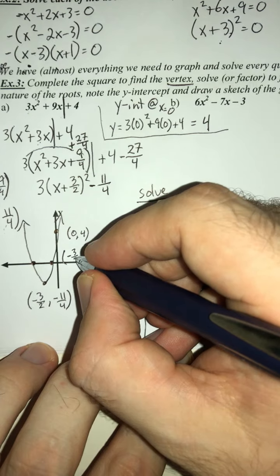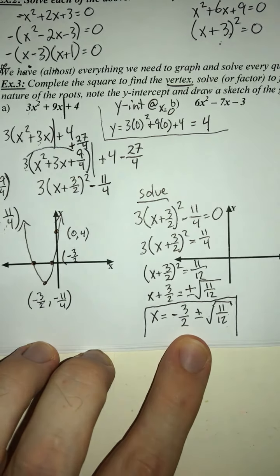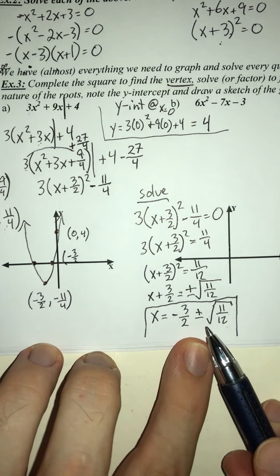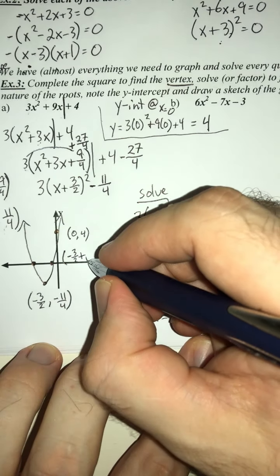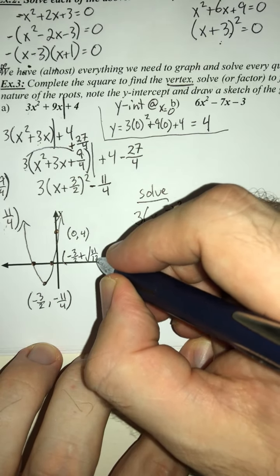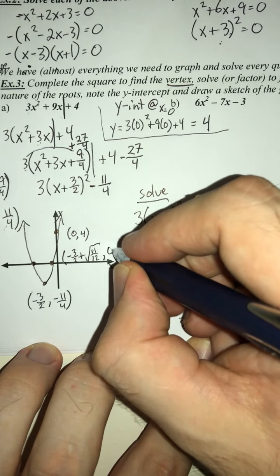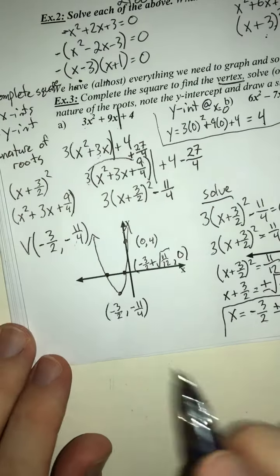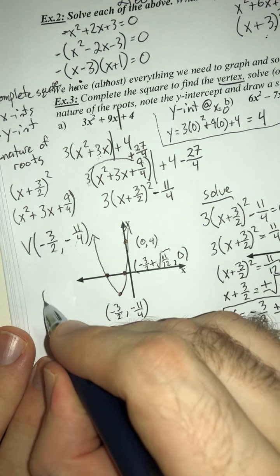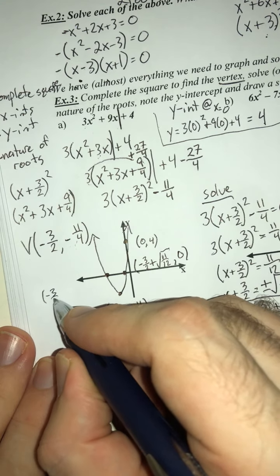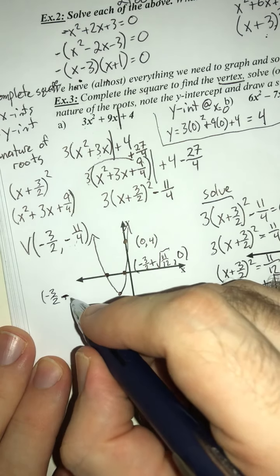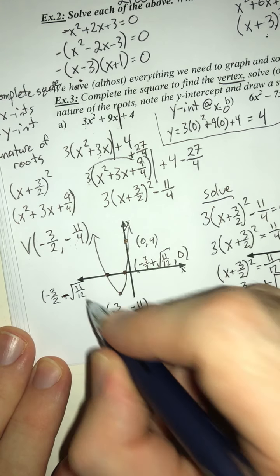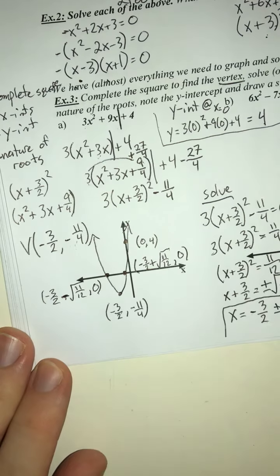Negative 3 over 2, and you need to note when it is plus and when it is minus, so you've got to be careful with this. This one is plus root 11 over 12, y equals 0. And my other point on this side is going to be negative 3 over 2 minus root 11 over 12 and 0.